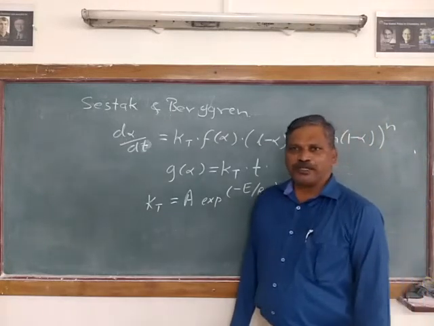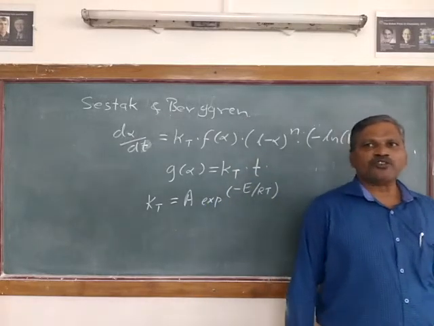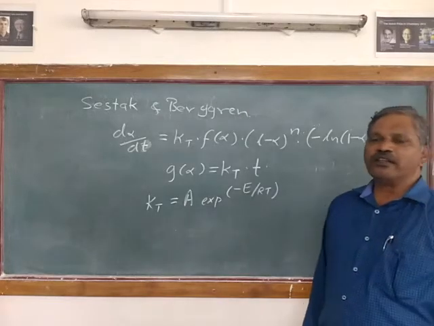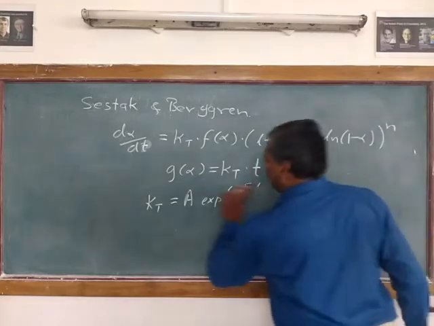The third process, that is the temperature in a non-isothermal experiment, is ideally controlled, often to fit a linear programmed rise, and it is shown by the symbol beta.